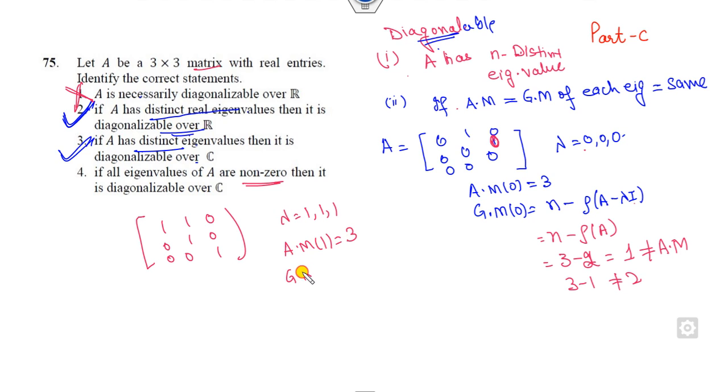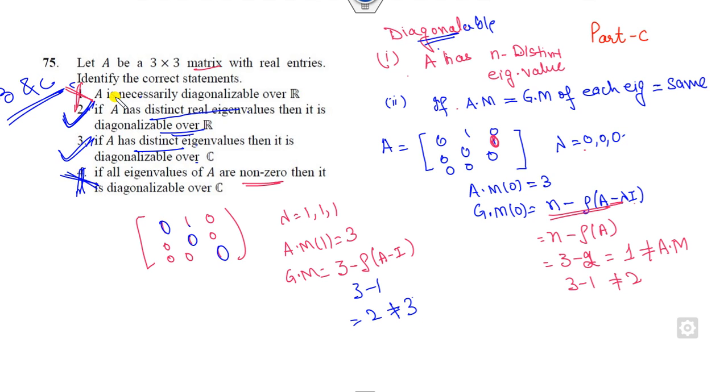What is the geometric multiplicity? Again by using this rule, n is 3, rank of A minus I. If you find A minus I, it will be 0, 0, 0. So the rank will be 1. So 3 minus 1 is 2, which is not equal to 3. So this option is also cancelled out. So the right answers are B and C, my correct options.